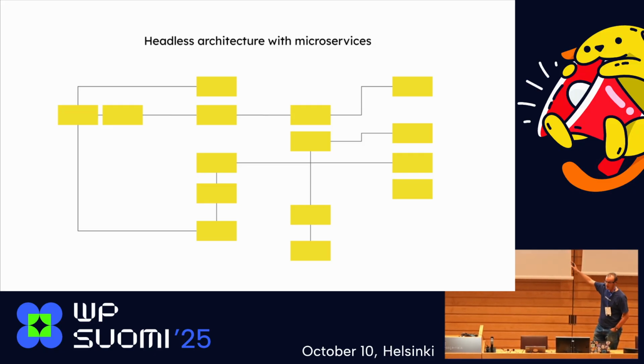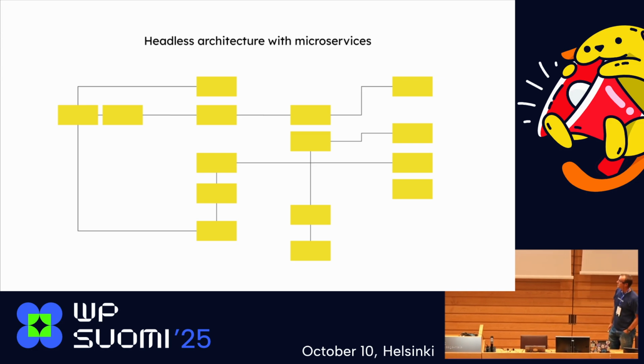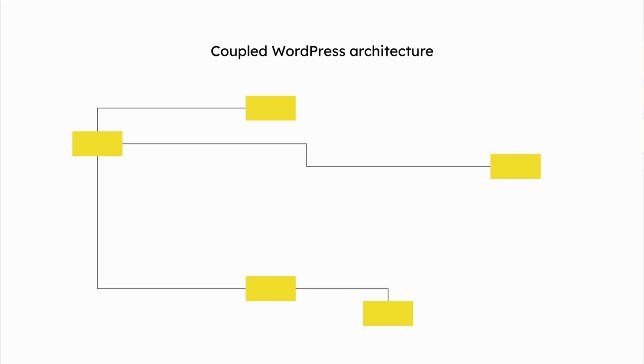If you touch something, something breaks somewhere else. Very expensive. A lot of different services from different vendors instead of some centralized solution. So what we did for this specific project, we transformed the whole thing to a traditional old architecture.